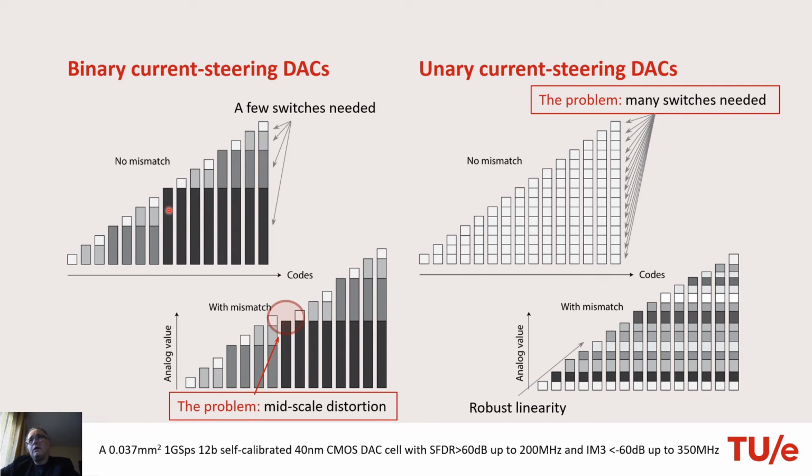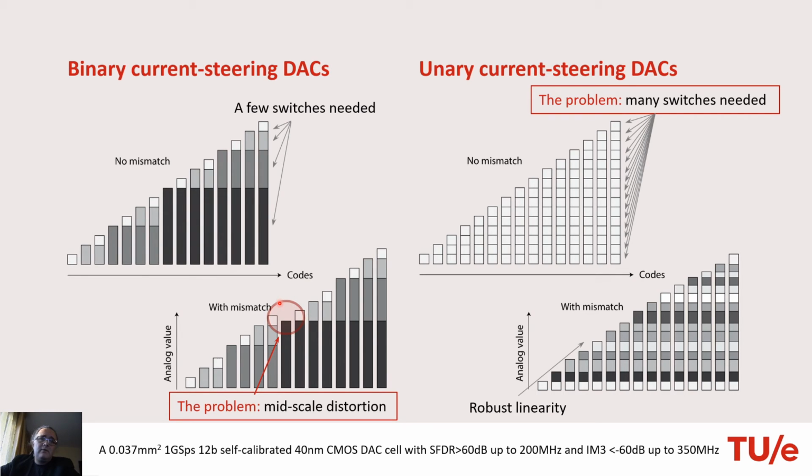The problem with binary architecture is when the mismatch comes, when these references are not exactly as designed due to the tolerances of the manufacturing technology. Then this nice stairway becomes very distorted, particularly at mid-scale.